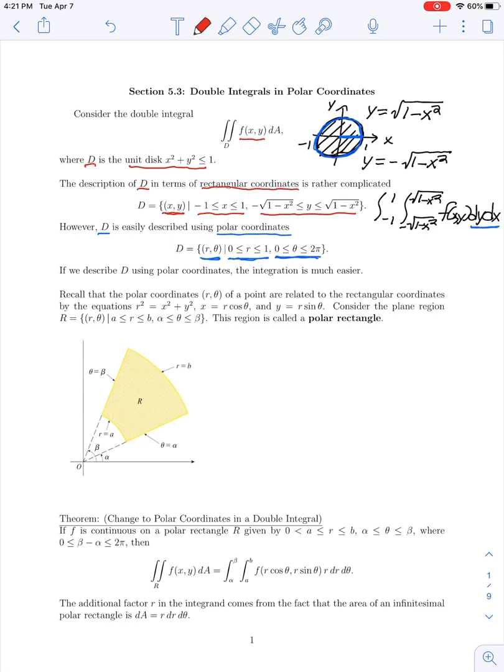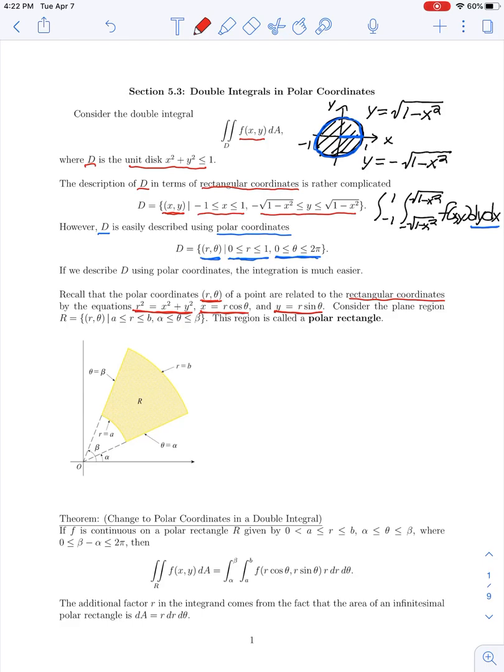Recall that the polar coordinates r theta of a point in the plane are related to the rectangular coordinates of that same point, x y, by the equations r squared is equal to x squared plus y squared, x is equal to r cosine theta, and y is equal to r sine theta.